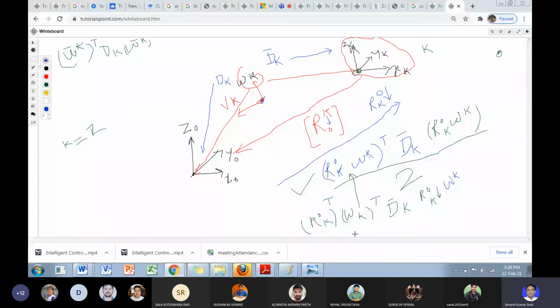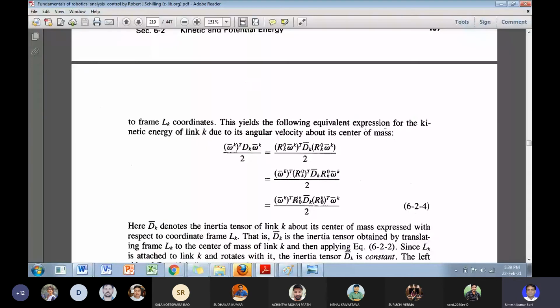So if we do this here, when you change and simplify this, you will get the transformation of t equal to Rk0. Understand? So ultimately what came here is Rk0 and the transpose of the same. This is a vector, this is also a vector, so the vector will remain the same.